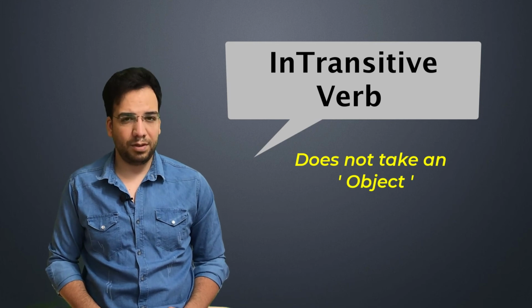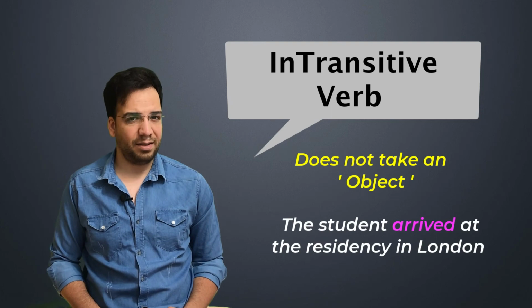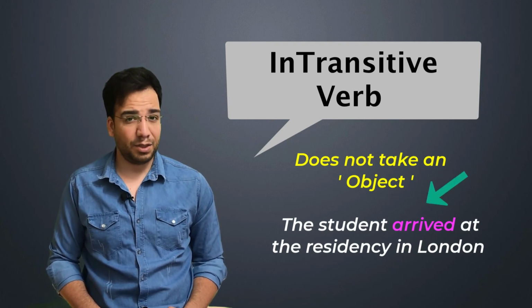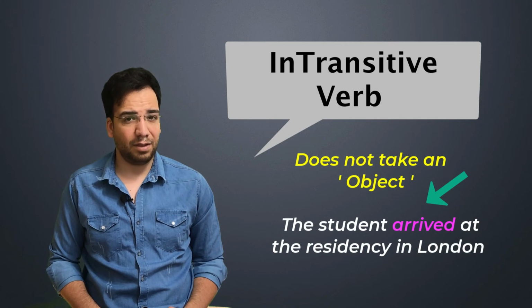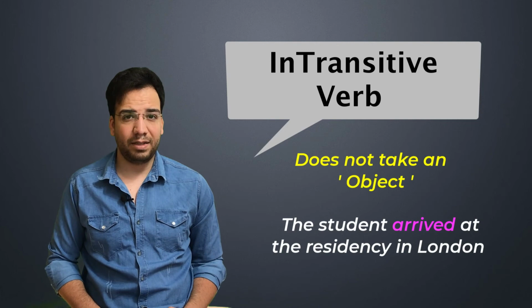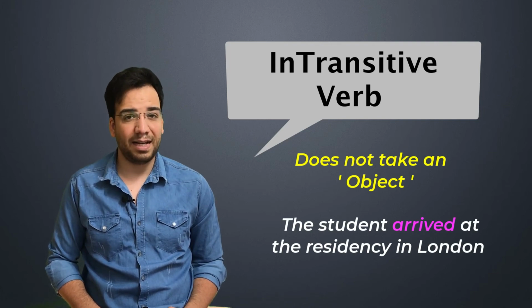For example, we usually say the students arrived at their residency in London, right? So we don't usually say the students arrived London. The second sentence is incorrect because the verb cannot take an object. So this is called an intransitive verb. It cannot take an object.